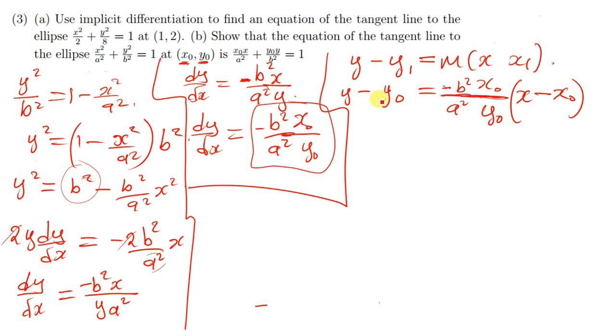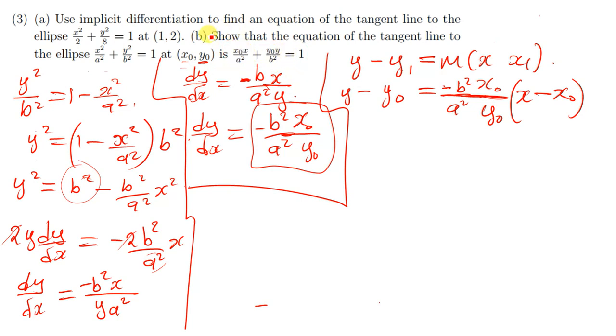So we make this equation look exactly like this one, because we've been told to show that the equation of a tangent to this line at this point can be written like this. So we have to write it like this.